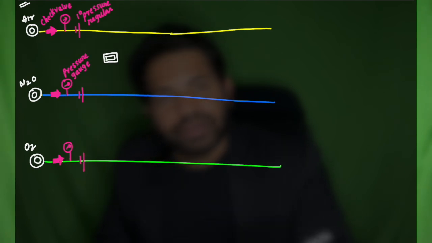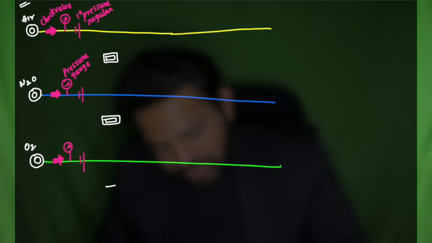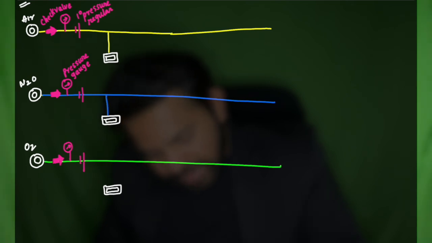There is a pipeline for all the gases. Clear? The pipeline is now connected.